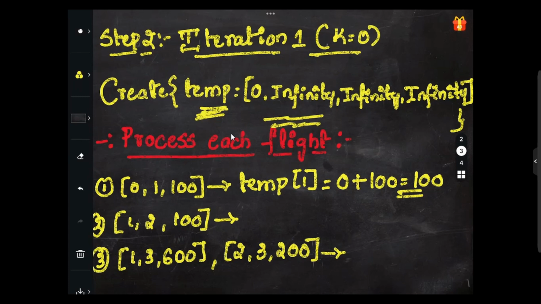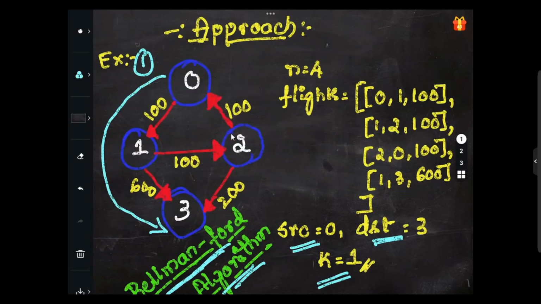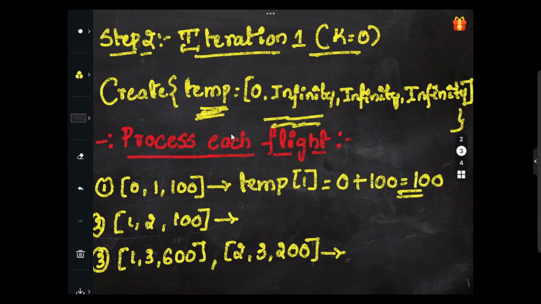These are the flights we need to process from the input, step by step. Since k equals 0, temp of 1 will be 0 plus 100, so this will be 100.